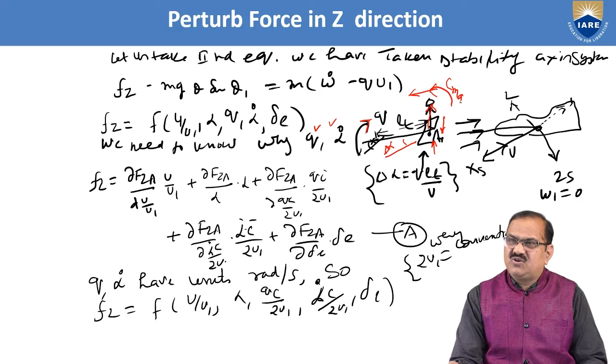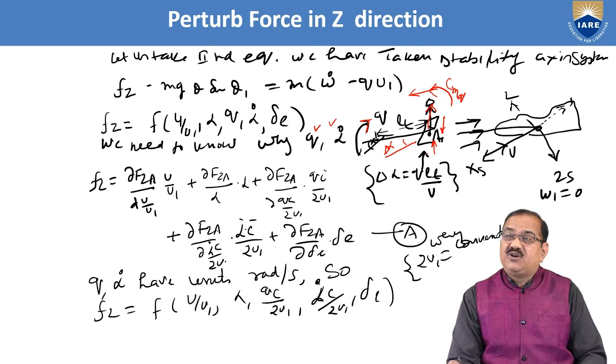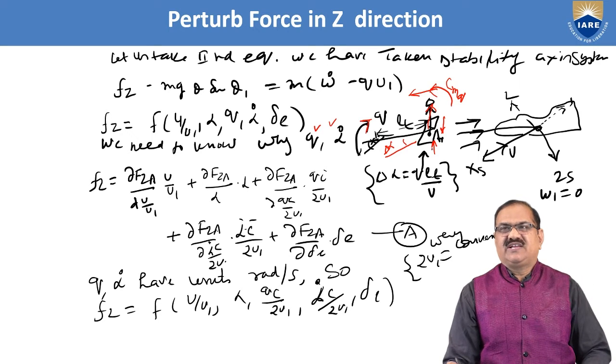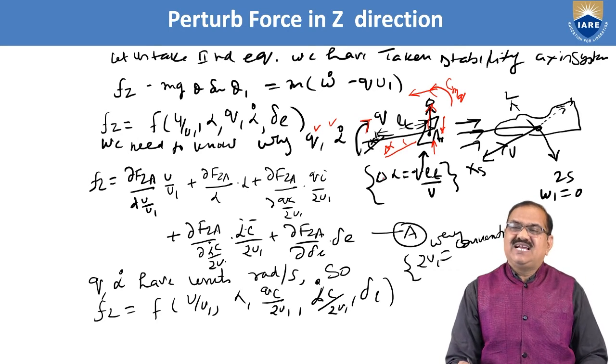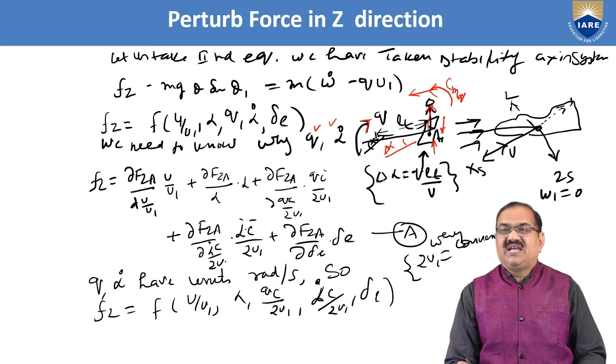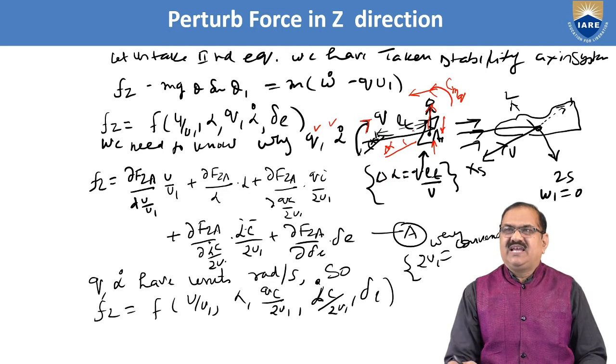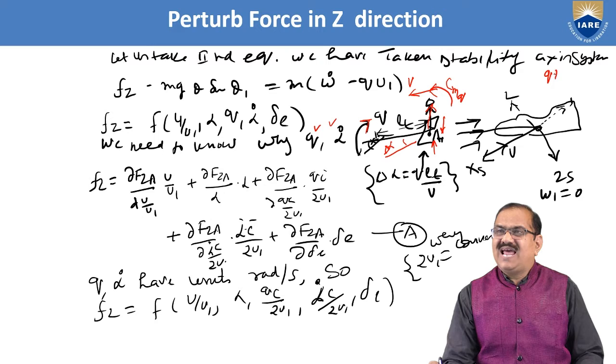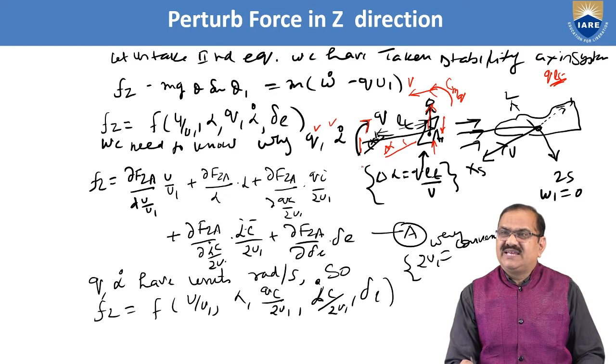It is called CMQ. However, due to this change in the velocity, there is a change in angle of attack. The velocity of this aircraft is V, and here the velocity of this point is q into LT. LT is the distance from here to here, from the center of gravity.